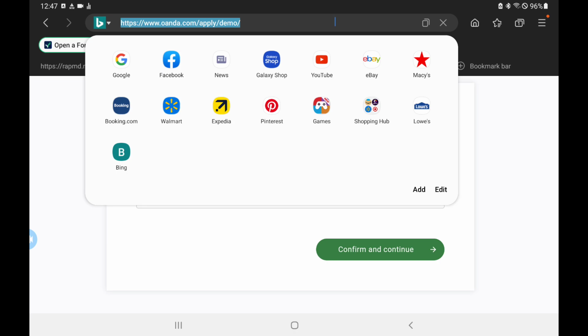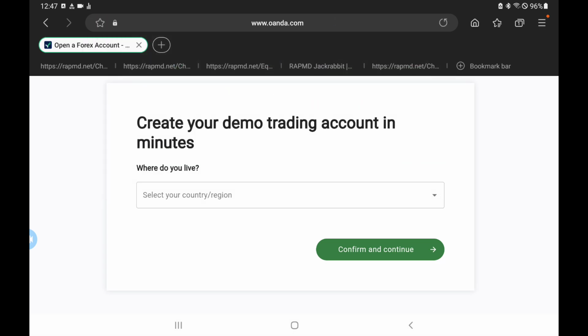That URL will take you to the demo account process. Go through it, fill it out, so forth. Demo accounts are free. You will not be charged a single penny for this account, which makes it wonderful.